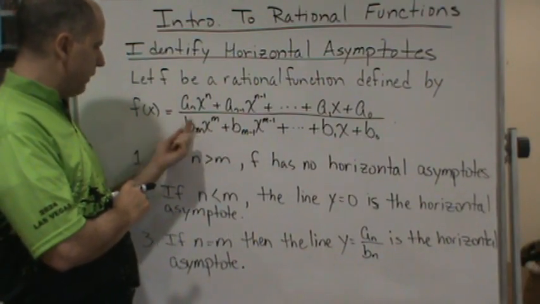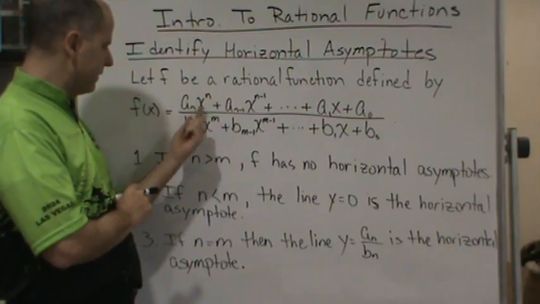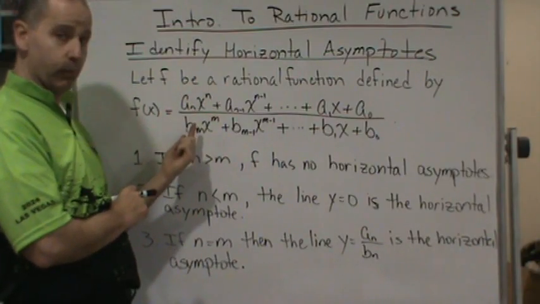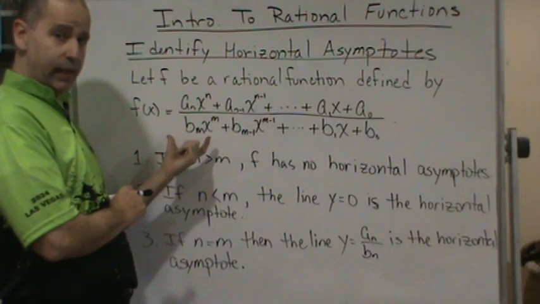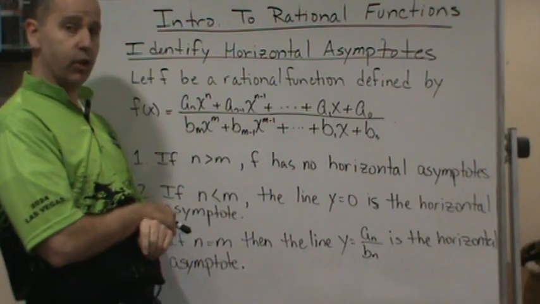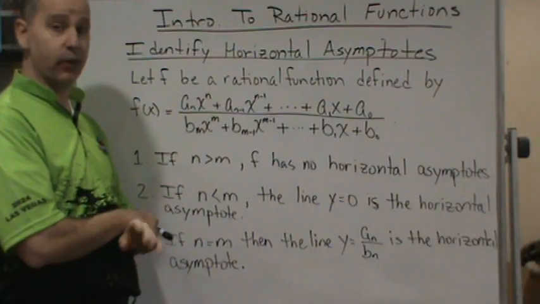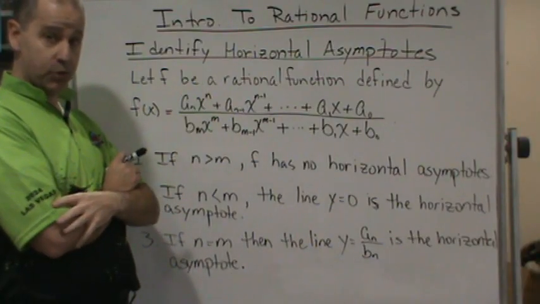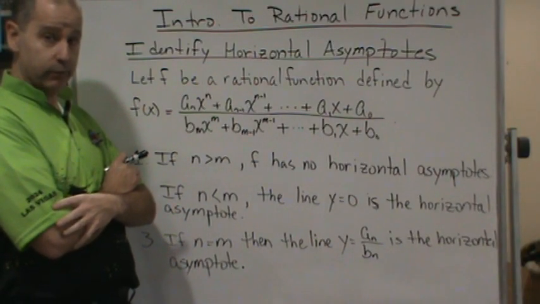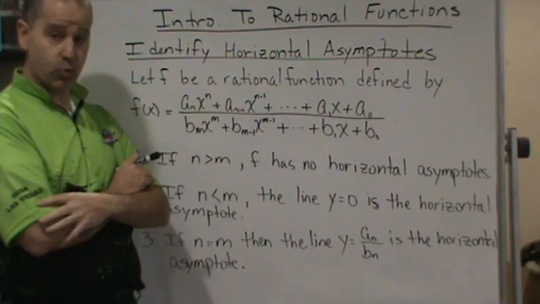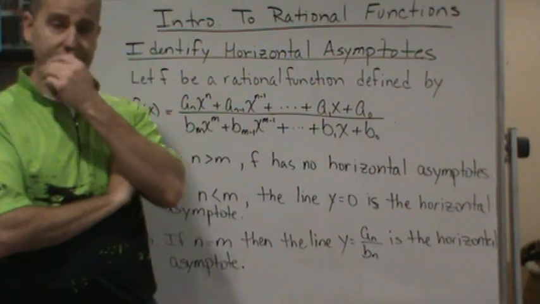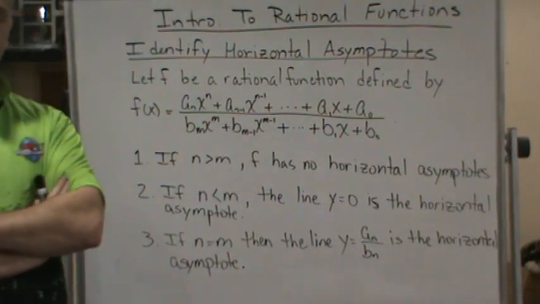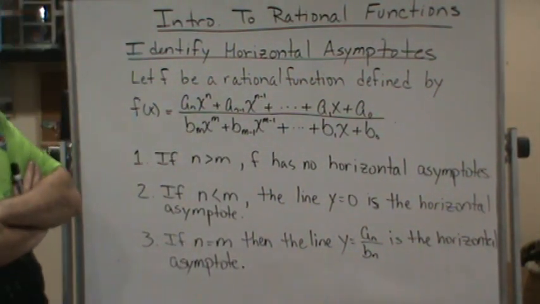Well, the ratio of these two, this top is growing faster than the bottom. And if the top is growing faster than the bottom, then this ratio is getting larger and larger and larger. Whether it's positive or negative, doesn't matter. It's growing to infinity, positive or negative. And so that means, well, if the function's going off to positive or negative infinity, as x is going to positive or negative infinity, then that means there is no asymptote.